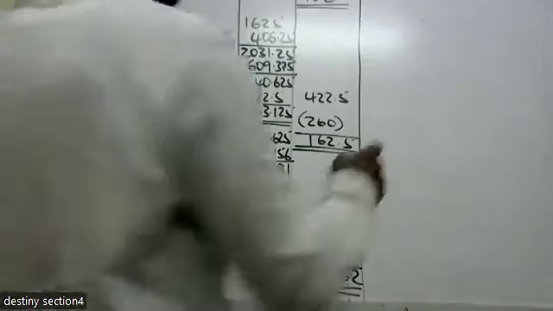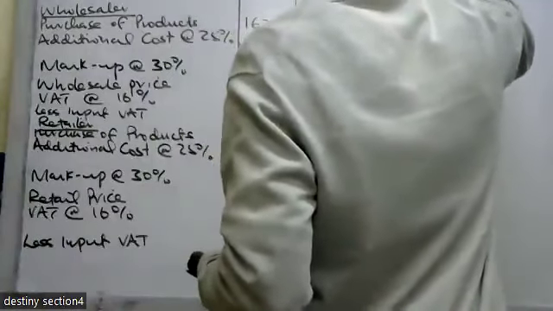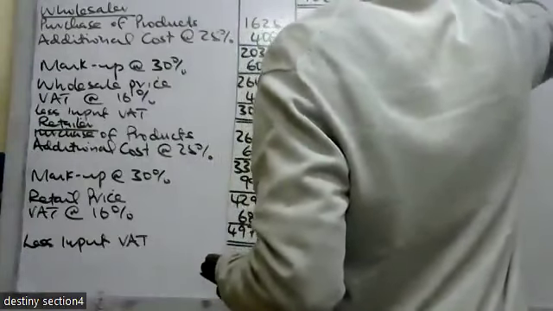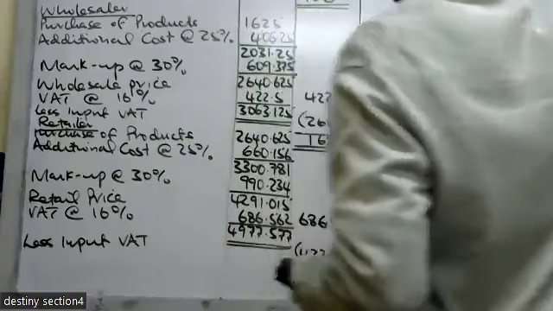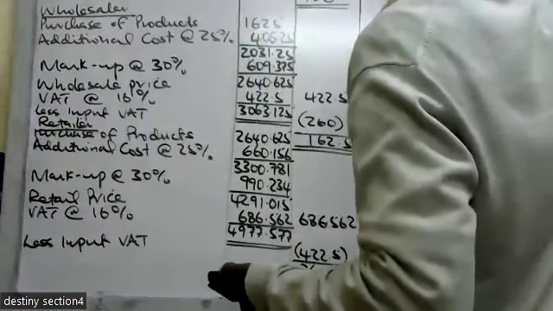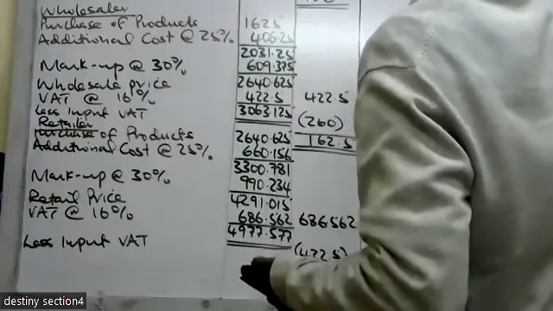So finally we can have a summary of the total VAT collected by the government along the production and distribution chain. So the total VAT collected: the supplier will collect 160 in thousands of shillings.